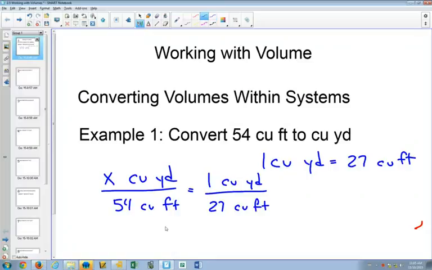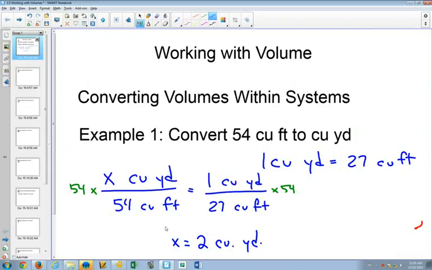Multiply both sides by 54. Type it into our calculator and we find out that x is equal to 2 cubic yards.